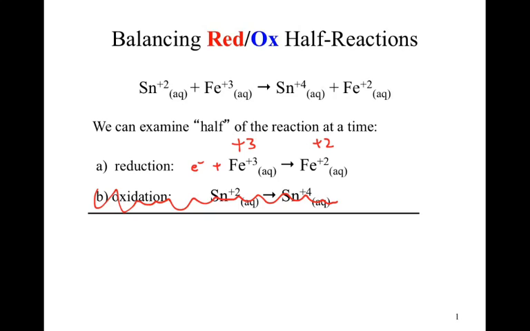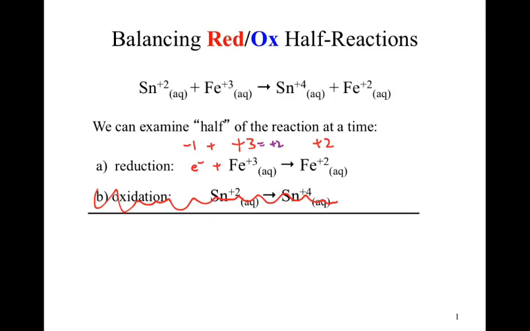Now when we look at our totals, we have a -1 plus a positive 3, which equals plus 2. So on my reactant side I have a plus 2 overall charge, and on my product side I have a plus 2 overall charge. Okay, so these are charges, not oxidation states.